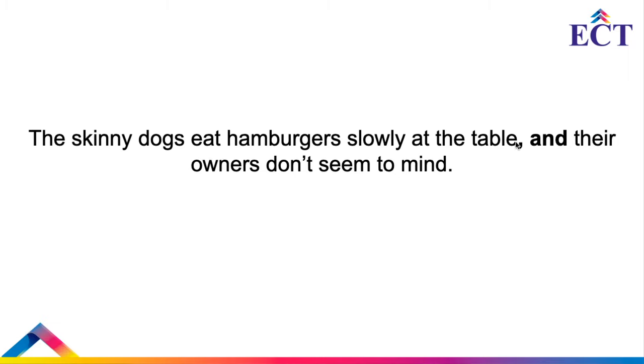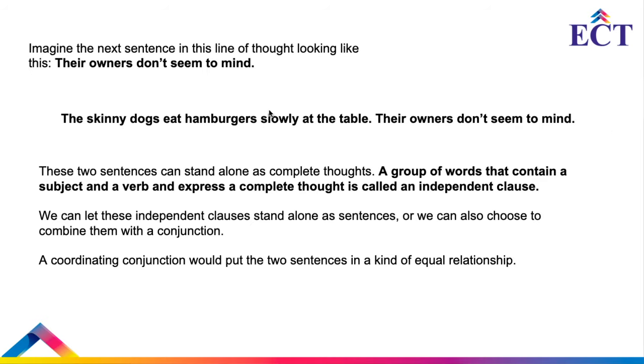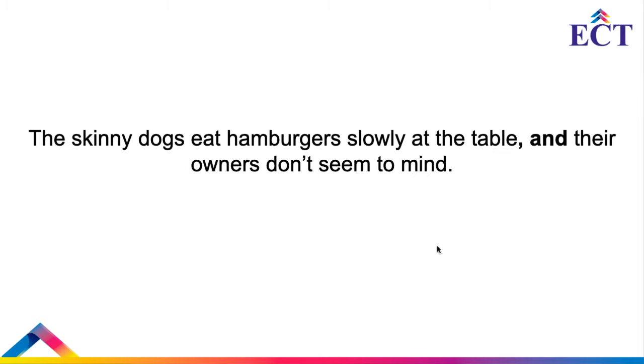Here we are using and to combine these two independent clauses. The first, the skinny dogs eat hamburgers slowly at the table, is an independent clause. And the second, their owners don't seem to mind, is another independent clause. We are connecting them both with a coordinating conjunction, which is and.